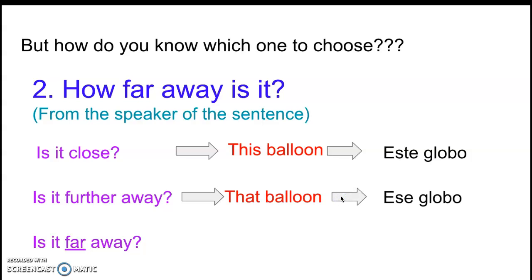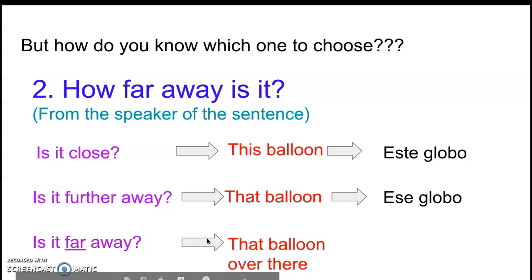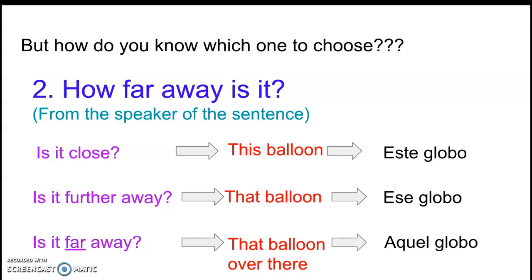And in Spanish, it would be ese globo. Masculine singular, again, ese, because it goes with the balloon, el globo. And then if it's far away, in English, I would call it that balloon over there. And in Spanish, it would be aquel globo. Again, look at that chart and match it up. Este is this, ese is that, and aquel is that over there.